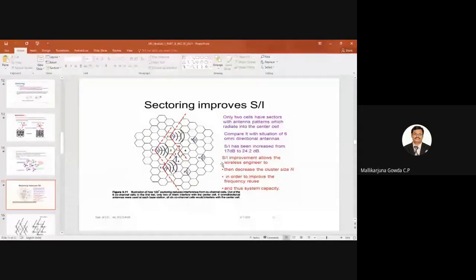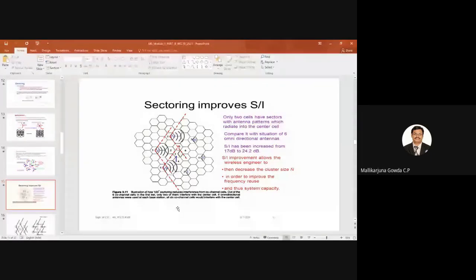This is the picture illustrating how 120-degree sectoring reduces the interference from co-channel cells. When I was using omnidirectional antennas, in the first tier there were 6 co-channel cells interfering with the center cell.